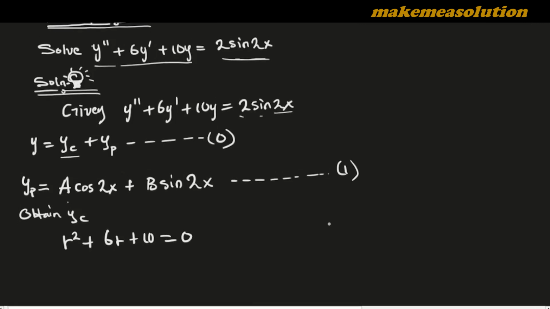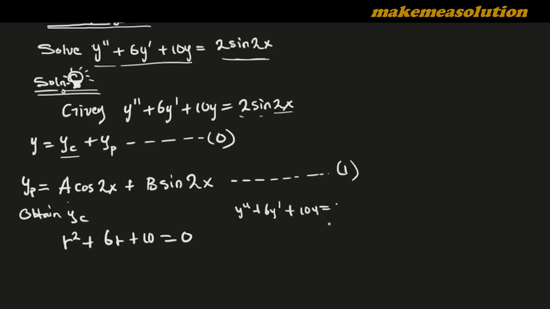Remember, to obtain yc, you just equate this to 0, that's y prime prime plus 6y prime plus 10y equal to 0. So this will now be as if it was homogeneous, and you solve using the method of auxiliary equations. Then the roots will guide you into the solutions for yc.